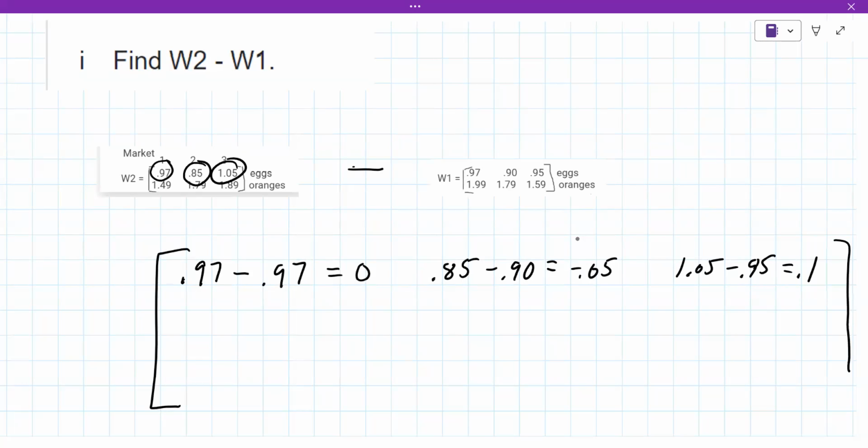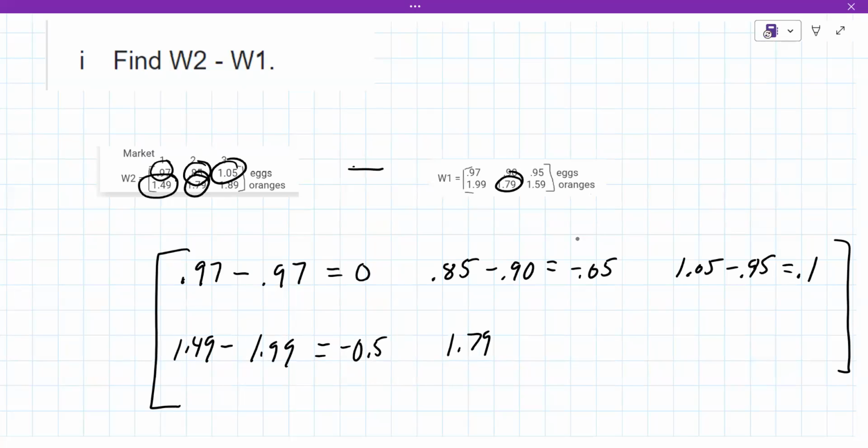Then we do the same thing for the bottom row. We're going to take that 1.49 and subtract 1.99, and that's minus 0.5. 1.79 on the left, subtract 1.79 on the right. That's 0. And then the last one, 1.89 minus 1.59 is 0.3.